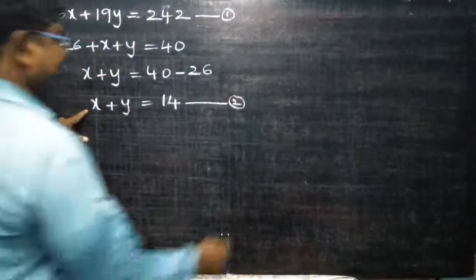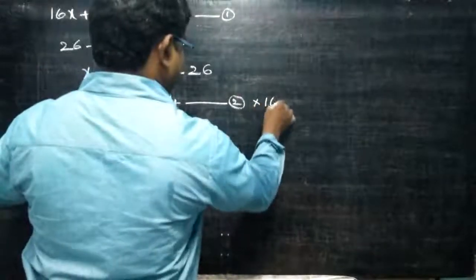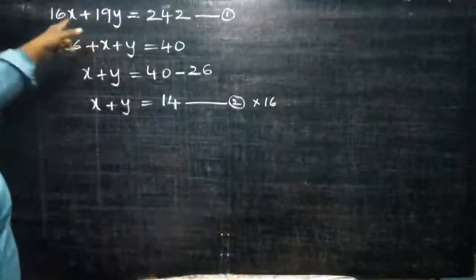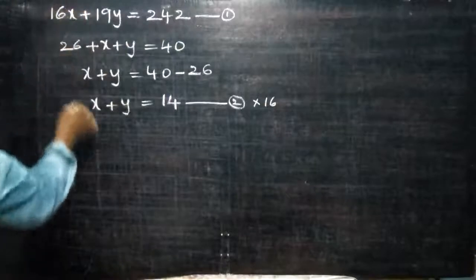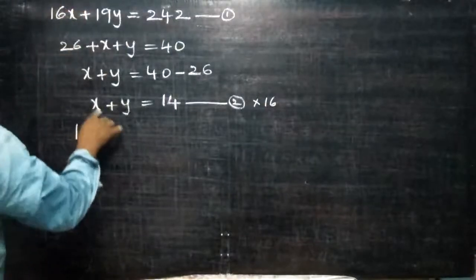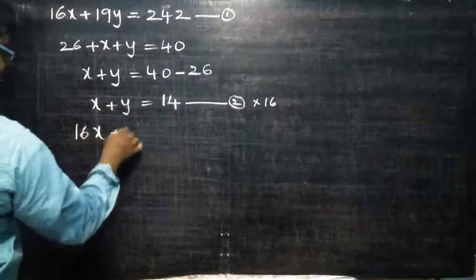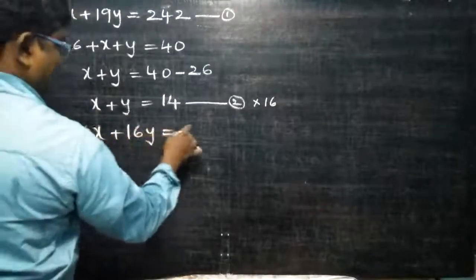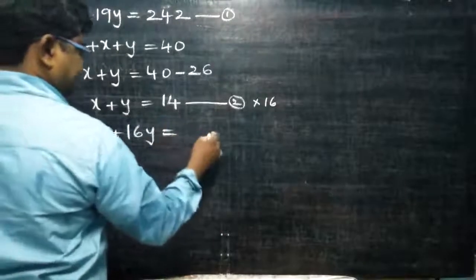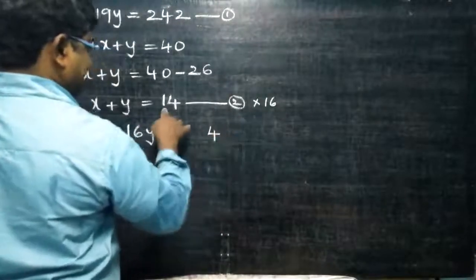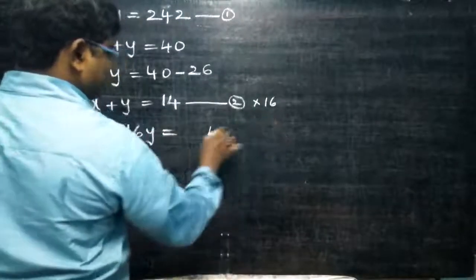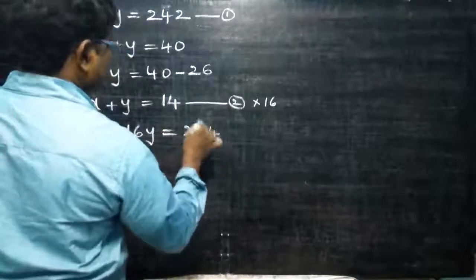I want to multiply this with 16 so that we can cancel. Here 16x is there for us. So 16 multiply, 16x plus 16y. 16 4s are 64, 4, 6 remaining. 16 ones is 16. So 224.